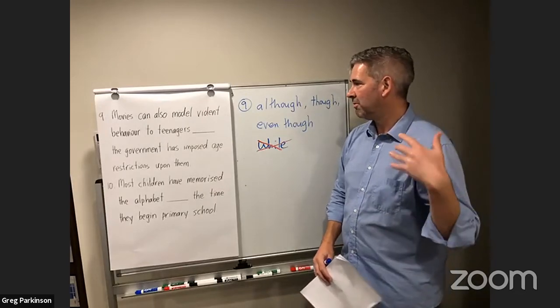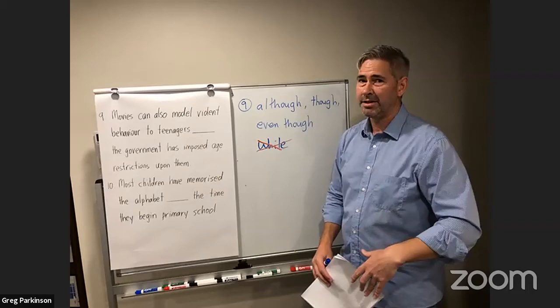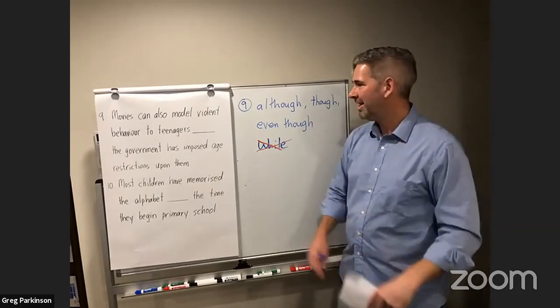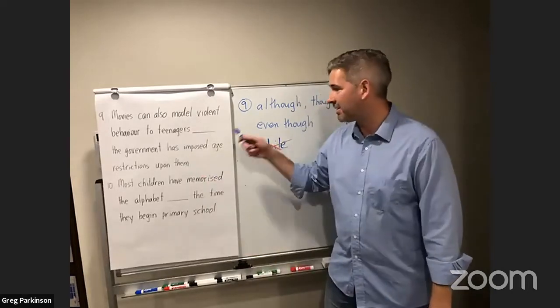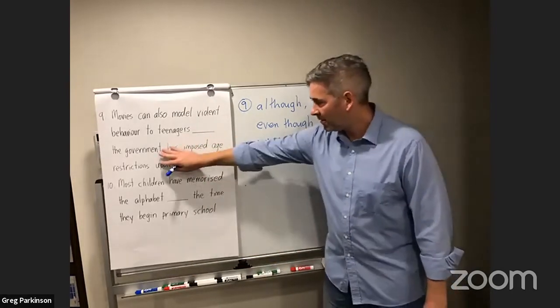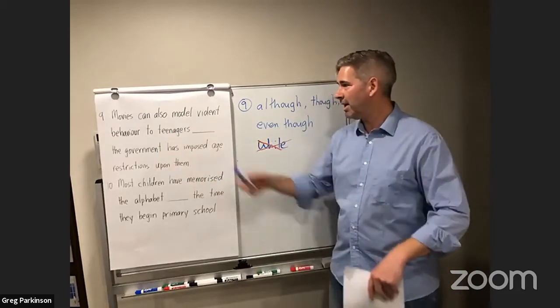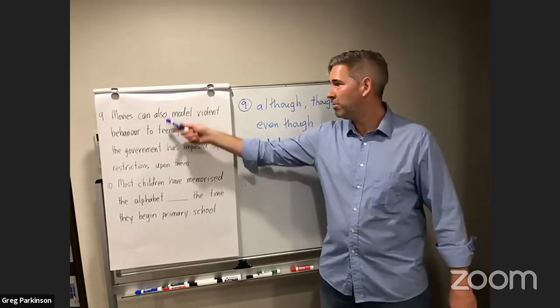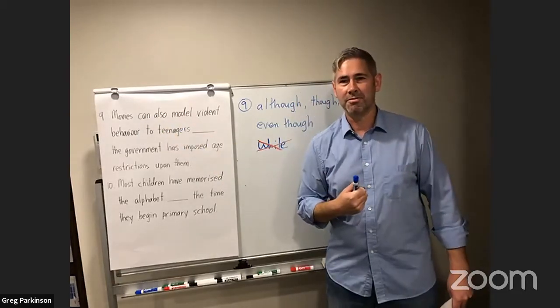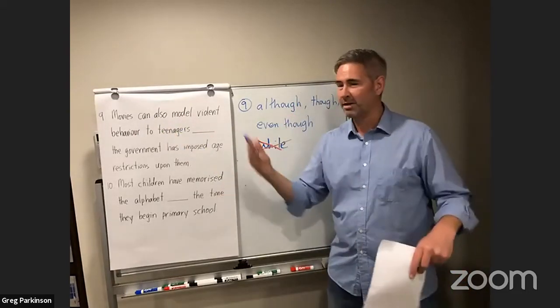Movies can also model violent behavior to teenagers. So that's what's happening or what could happen, even though the government has imposed age restrictions upon them. So this one thing has happened and the government obviously hoped that the teenagers wouldn't be exposed to violent behavior. So there's a strong contrast here.